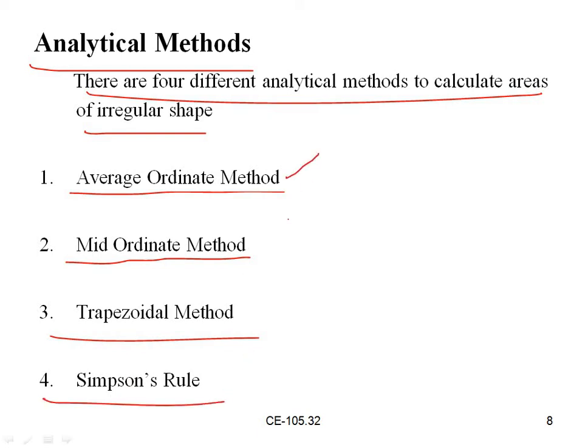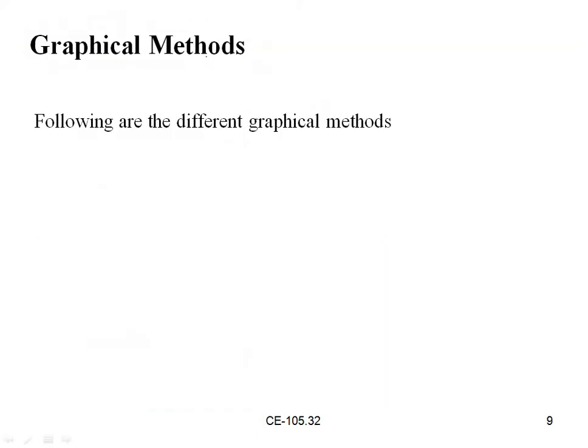So remember, these four methods are used for the calculation of areas for irregular shapes. These four methods are also called analytical methods. So let us see the first one.